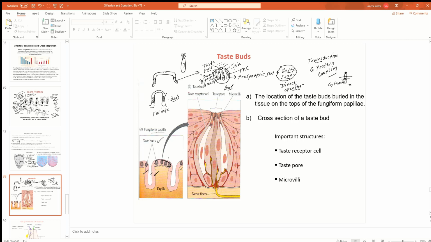The liquid would take the food molecules inside the taste bud through the pore. Dry food molecules cannot enter into the taste bud. However, after salivary secretion, the food gets mixed with the saliva, and that liquid pours into the taste bud through the taste pore. Okay, they must get in to get attached to the receptors on the cilia, right? And that would activate the taste receptor cells.